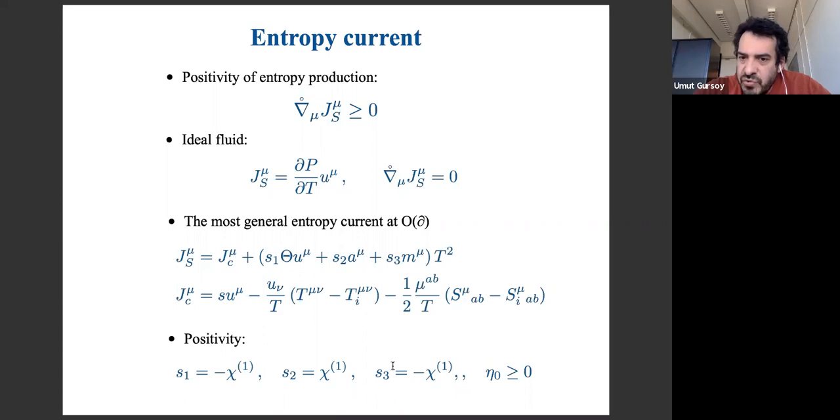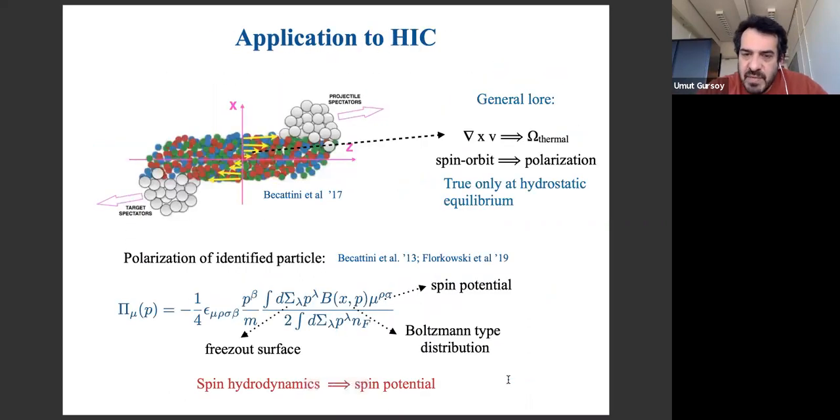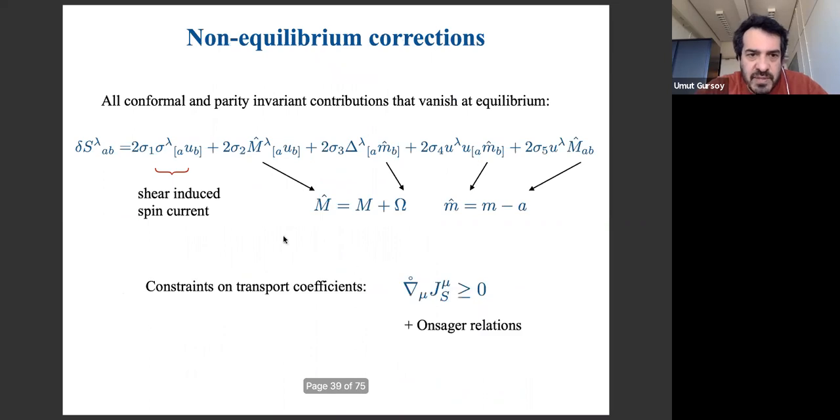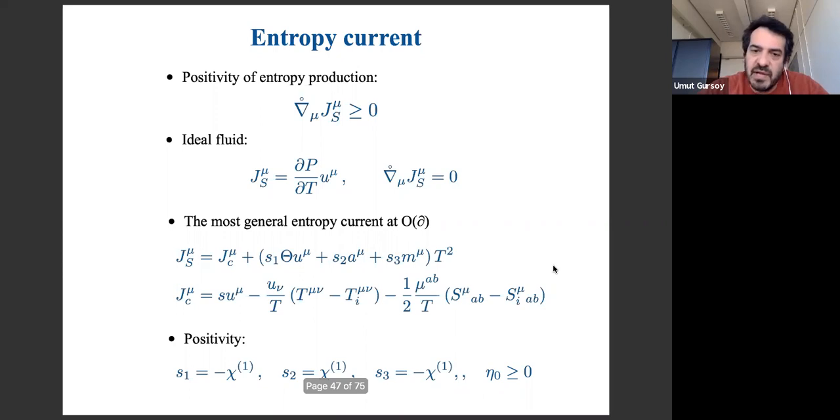Nothing depends on chi1,2, chi2,2, but you get only one condition, that the shear viscosity should be positive definite. But this is kind of unfortunate and disappointing, that of course it should be, and this is what you get. So to get something more non-trivial, some conditions on these spin transport coefficients, the sigma I that I showed, for example sigma 1, sigma 2, etc., you have to go one order beyond, and that's complicated, and we didn't do that.